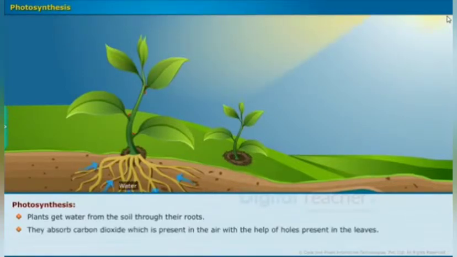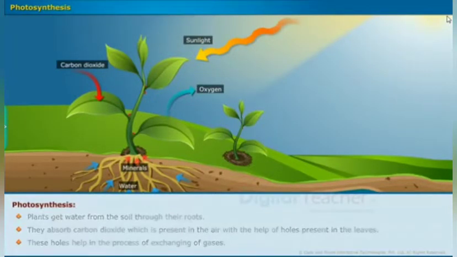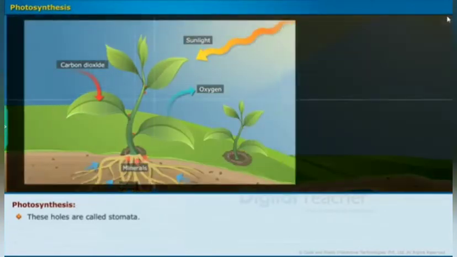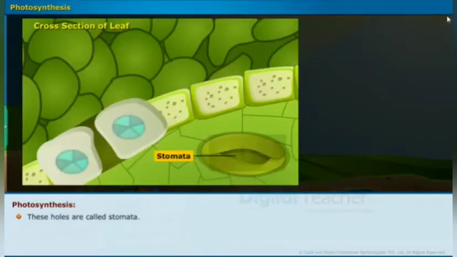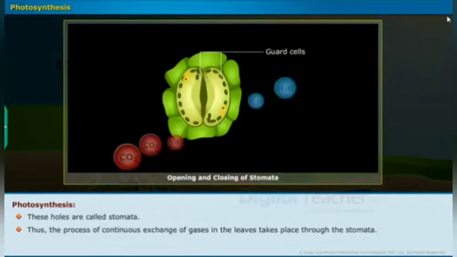They absorb carbon dioxide which is present in the air with the help of holes present in the leaves. These holes help in the process of exchanging of gases. These holes are called stomata. Thus, the process of continuous exchange of gases in the leaves takes place through the stomata.